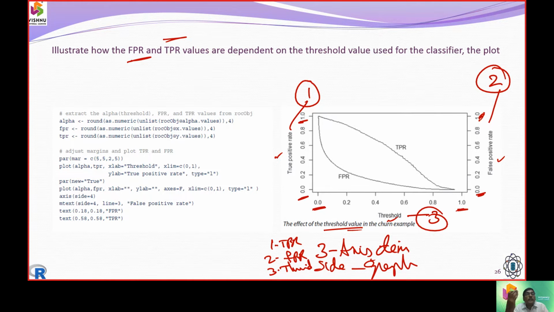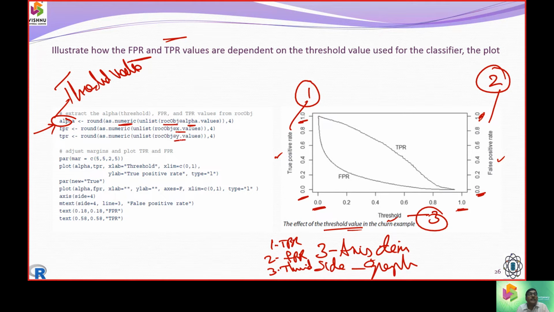In order to get that threshold value, we use alpha, which gives the threshold value at this point. It takes the ROC curve as an object, converts it to a number and unlists it, and we take the alpha value.